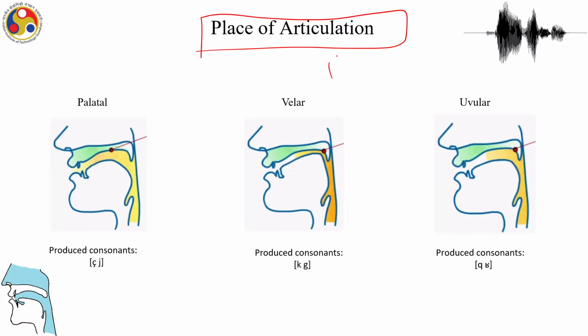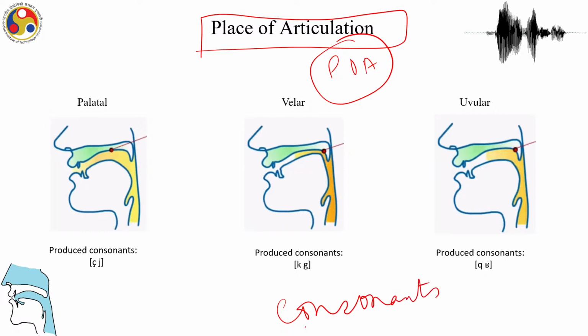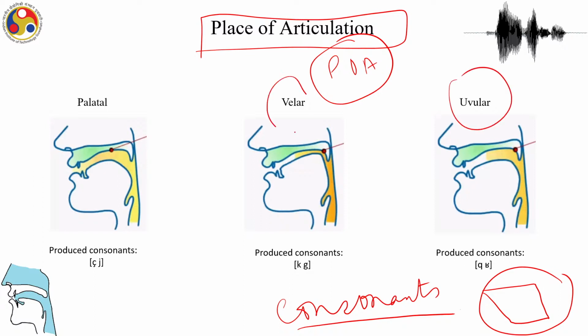We skipped place of articulation. Remember, this is for consonants and not for vowels. So vowels, always keep this in mind, that when we're talking about vowels, we'll always think of the vowels in terms of the quadrangle. We'll not think separately about is it palatal or velar or uvular, because essentially vowels have no obstruction, and that's why they have free airflow.